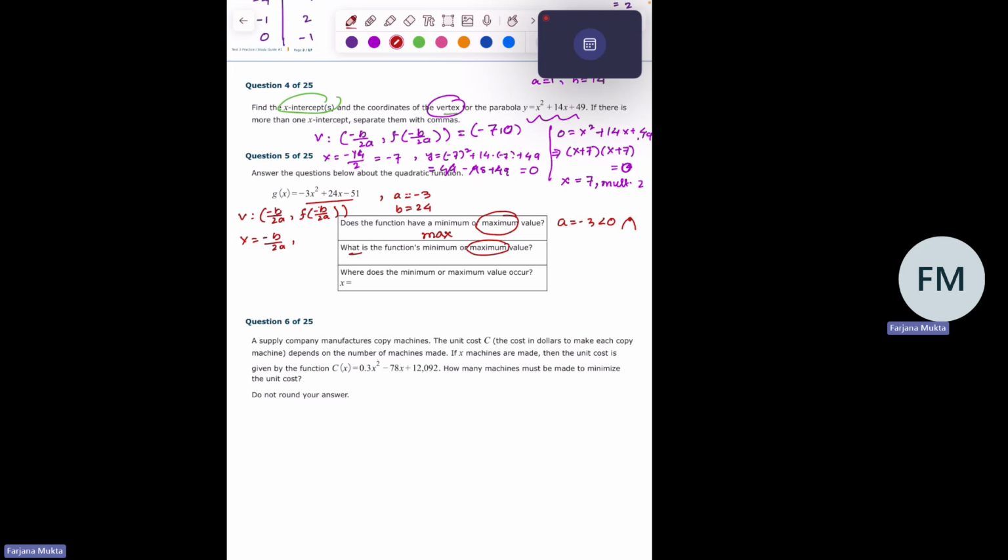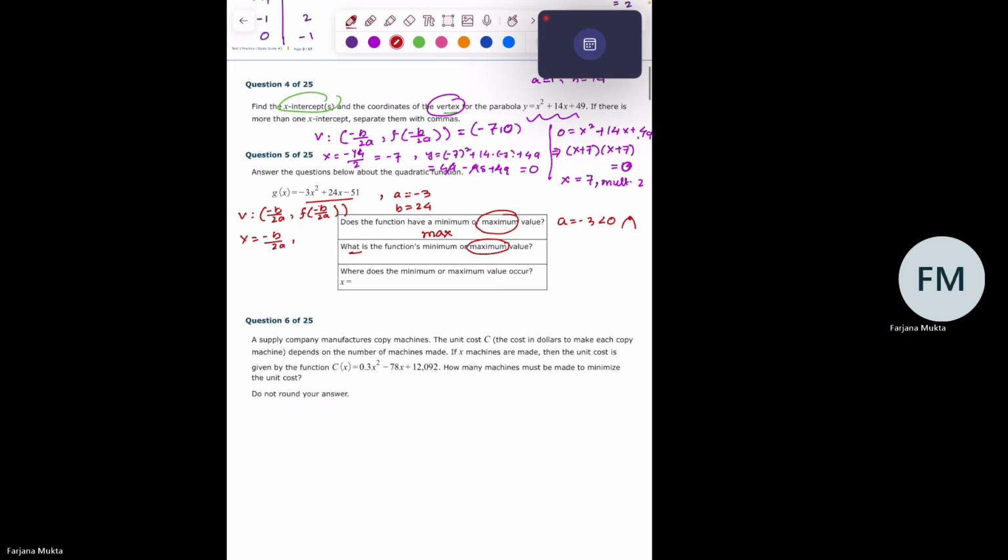So now if we find the x coordinate for a being negative 3 and b 24, we are going to find negative 24 divided by 2 times negative 3, so we get negative 24 divided by negative 6. Negative will be positive, and then 4, right?